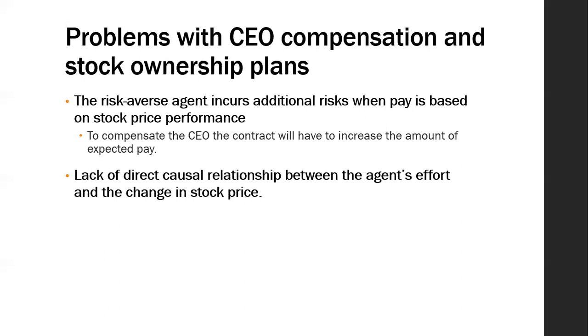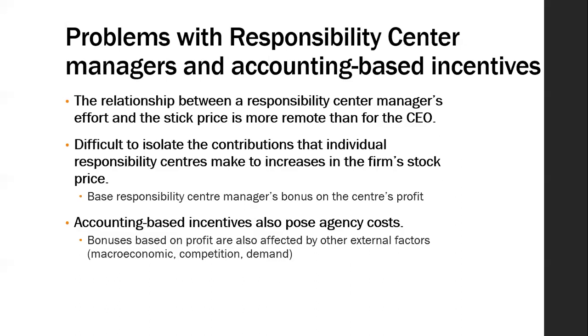Okay. Another is problems with responsibility center management and accounting-based incentives. So usually, as we mentioned kanina or in another video, investment centers can be measured based on accounting-based incentives. But the problem is the responsibility center's effort may not be commensurate or might not be able to influence those accounting-based objectives.